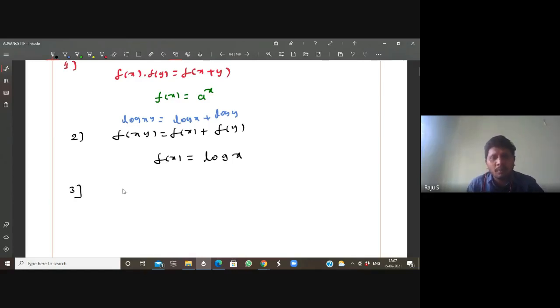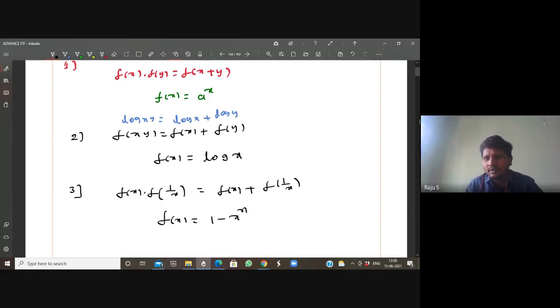Any other property like f of x into f of 1 by x is equal to f of x plus f of 1 by x. So product should be equal to addition. Here f of x is equal to 1 minus x power n can satisfy this property.